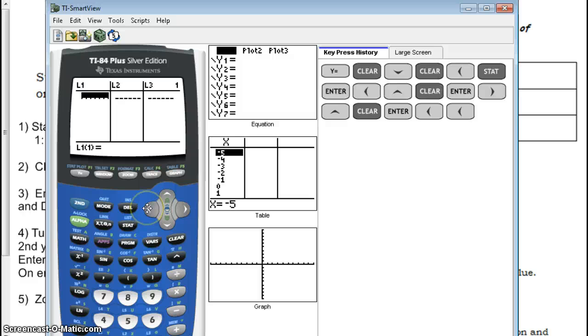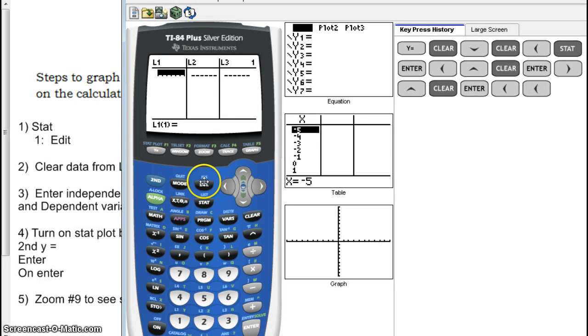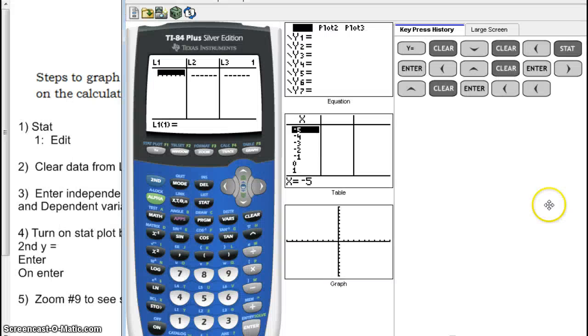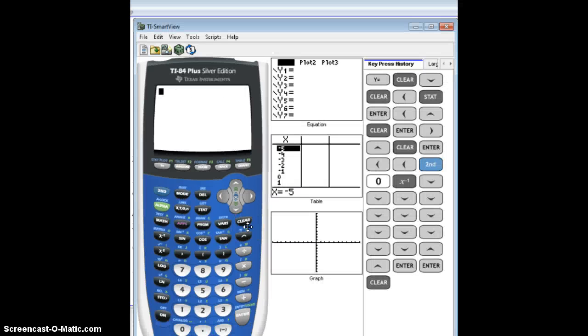Now you also want to make sure your diagnostics are on. So our diagnostics are turned on by going to the catalog. If I turn on the catalog, let's make this a little bit smaller. To turn on the diagnostics, you want to go to the catalog, which is second 0. There's the catalog, and you want to go to diagnostics on.